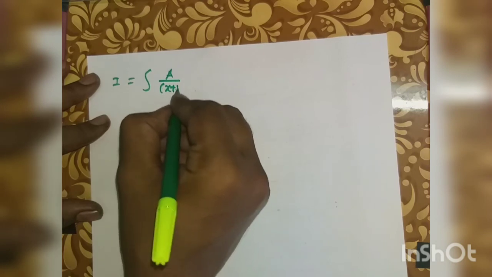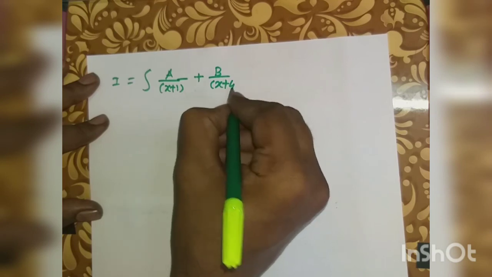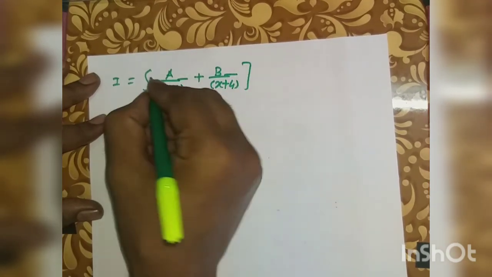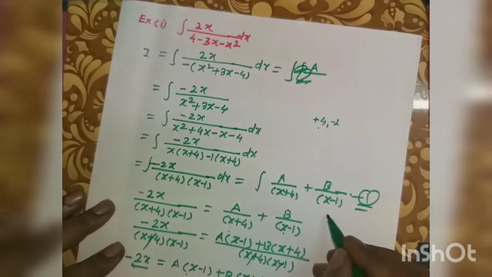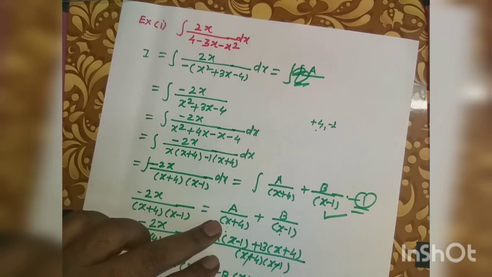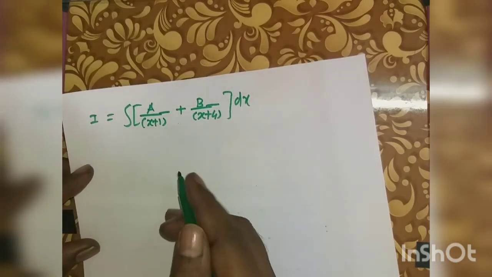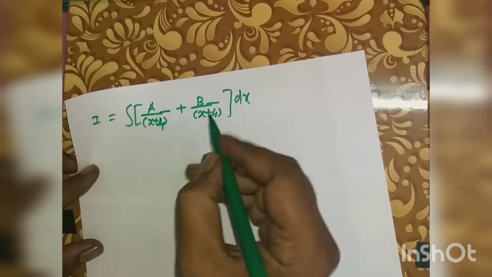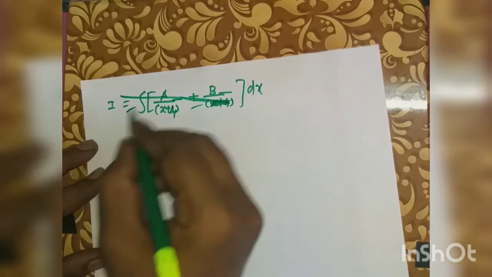The integration I is equal to integration of a divided by x plus 4 plus b divided by x minus 1 dx, which is the required equation.